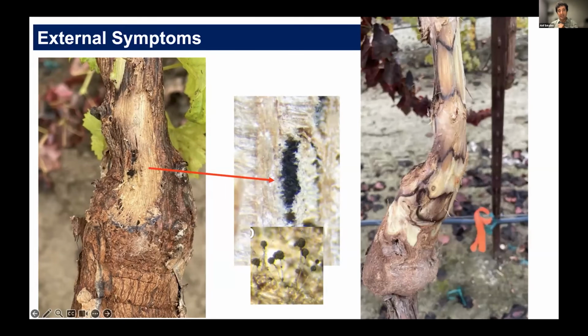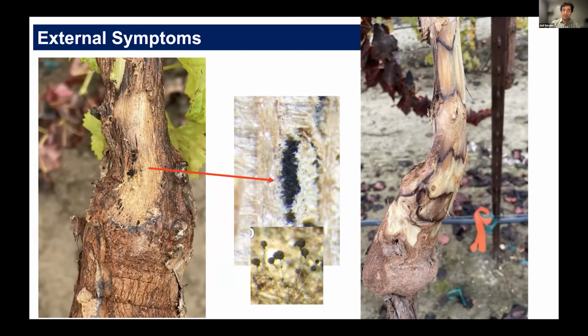Okay, and when we peel the bark and look at the cambium and xylem, you can see this dark, wavy, black to purple discoloration. It's very interesting how the pathogen moves in the cambium.